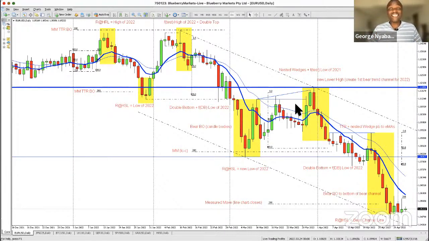Do a fractal analysis. What's happened since the beginning of the year on the daily time frame, and see if you can see the opportunity. Say, okay, I could have traded, I should have taken trades here, if you're taking 5-minute trades, because they will repeat themselves, and you want to be ready for them, whether on this market or any other markets.